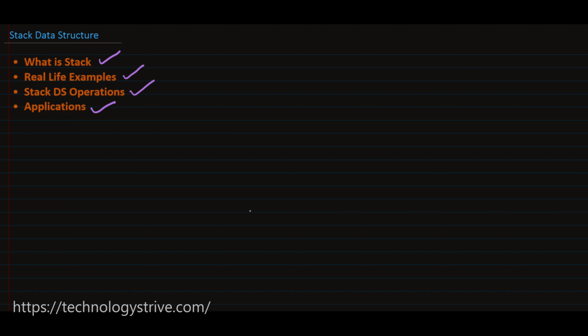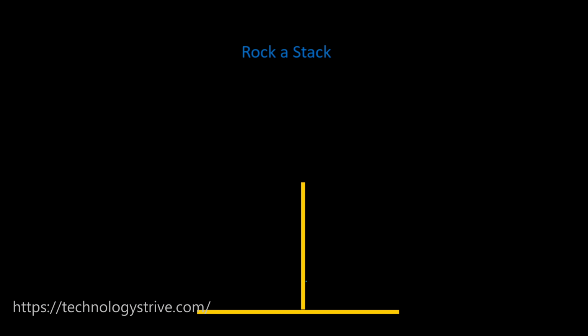Before jumping into the definition of what is stack, let's try to understand using some game. Here we are going to explain about stack using Rocket Stack game. So in this game, we are given one stand. So this is the stand or pole ring which you can consider. So here one end is completely closed.